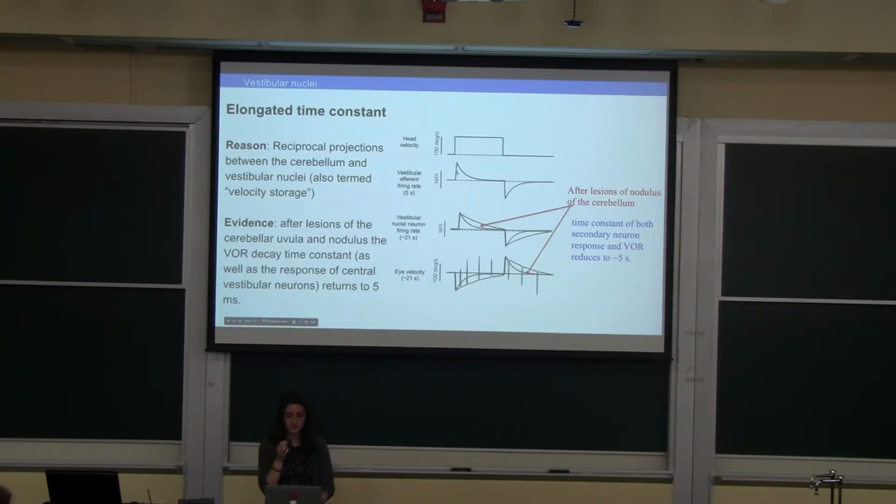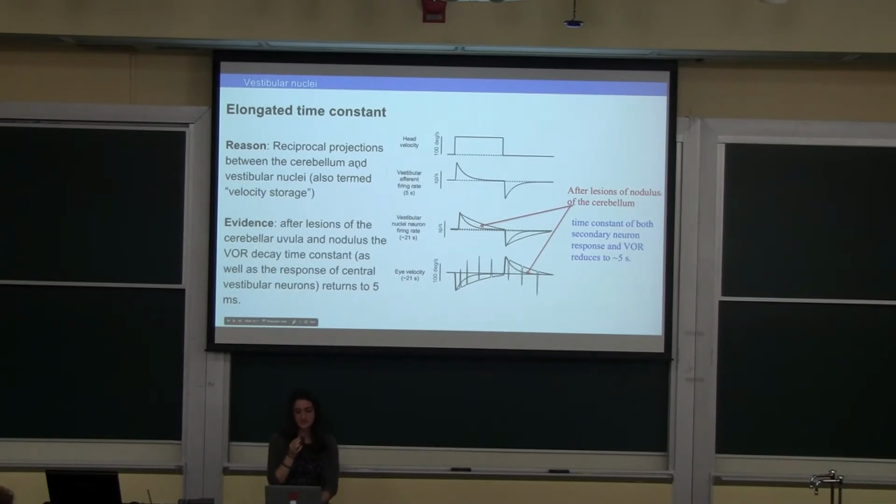You can see this through the step function that is the head velocity, and then the slope of the firing rate becomes less steep during the progression through the central nervous system.